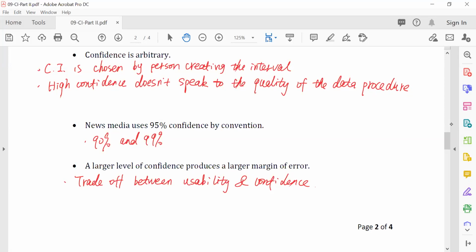In the example we talked about, the 100% confidence interval for the proportion of people in North Carolina in favor of a tax raise is from 0 to 1. Your confidence level is pretty big, but the usefulness is none, right?